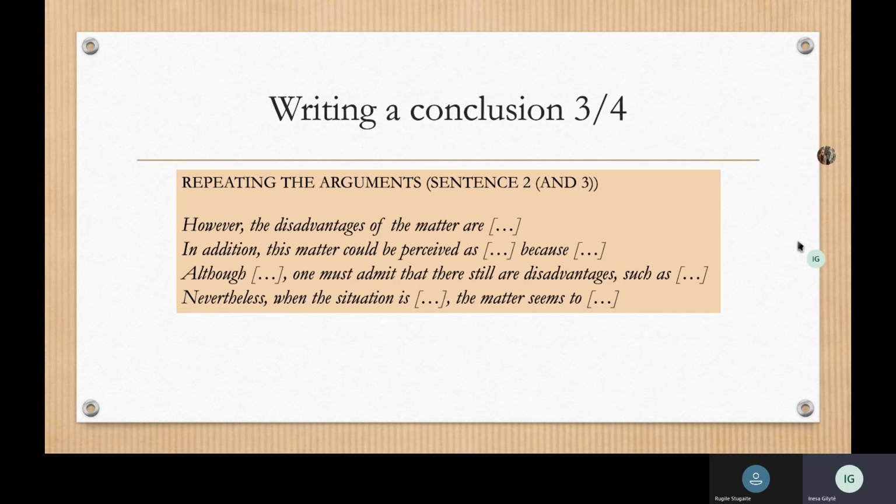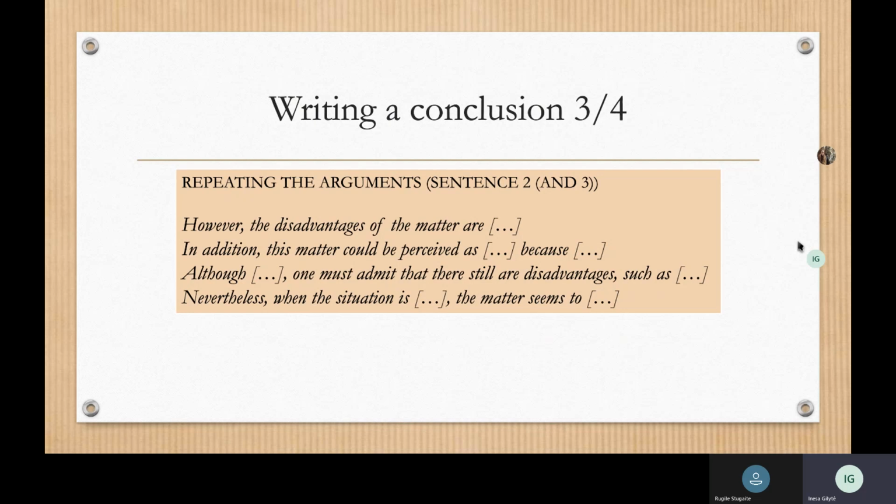Also, nevertheless, when the situation is this and that, this could be related to global matters, because if you discuss something that was in a certain state before, let's say pandemic, you can say that the matter seems to shift when, for example, business closed and so on.